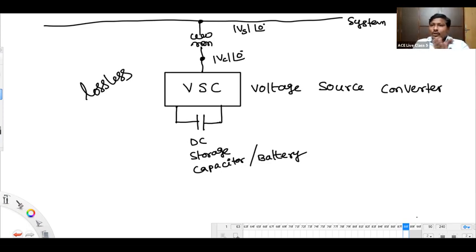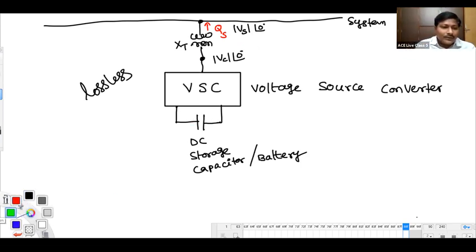And this has a transformer reactance XT. The amount of reactive power injected into the system by this whole equipment, with voltage source converter, DC storage capacitor, and transformer, is QS.